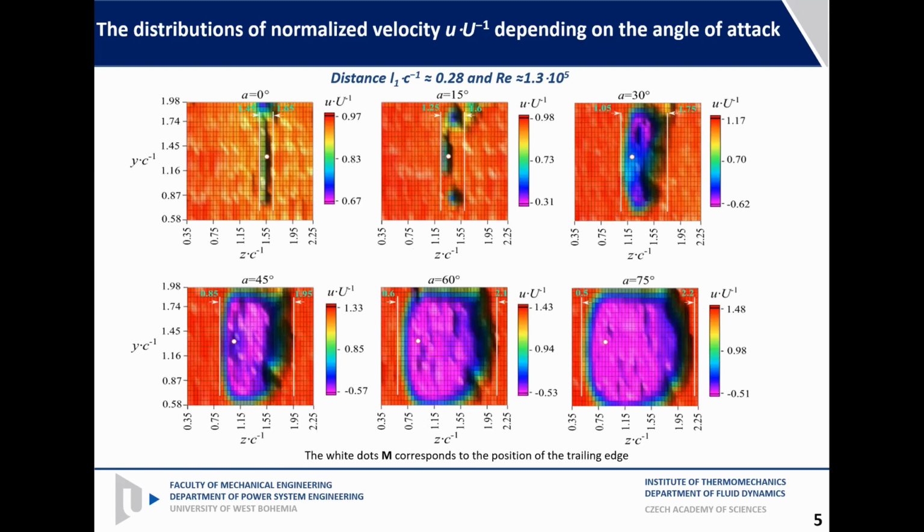When we try to find where our measuring point, located behind the trailing edge, is placed relative to the wake, we can clearly see that this point is not outside the wake but present in the wake.